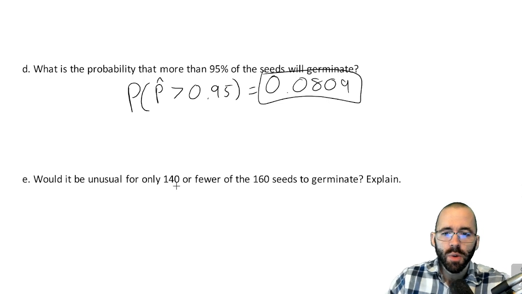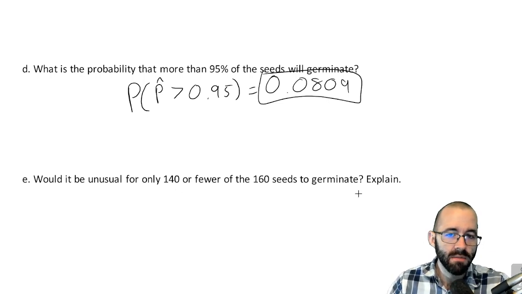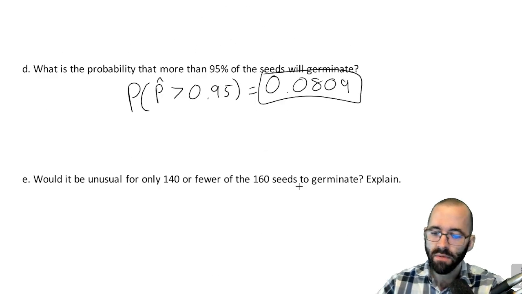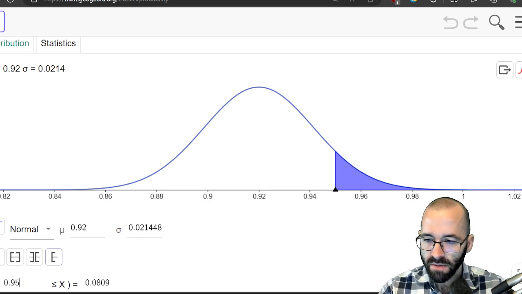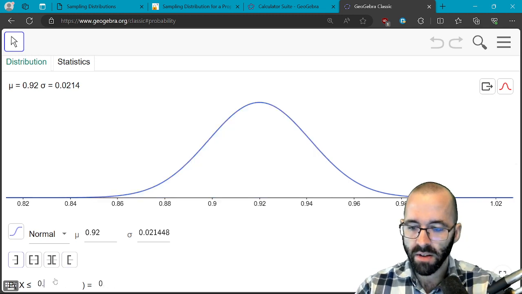Would it be unusual for 140 or fewer of the seeds to germinate? Well, okay, so we need to see or fewer. So we'll go over here and do or fewer. Type in, wait a minute.